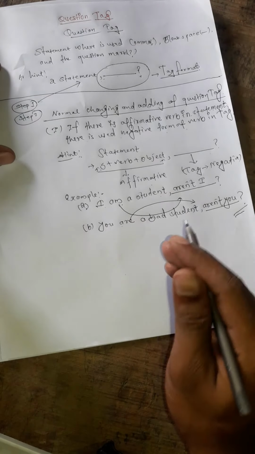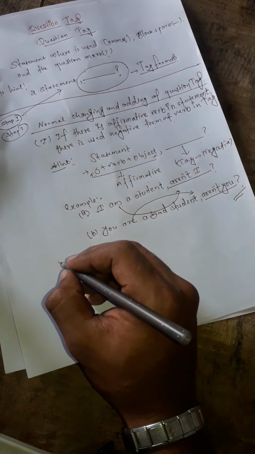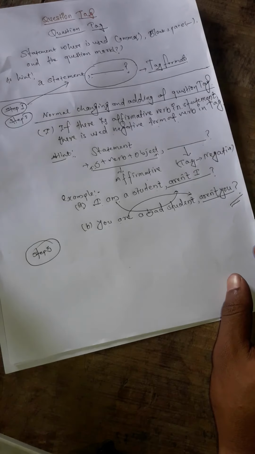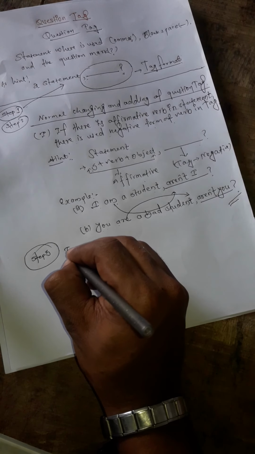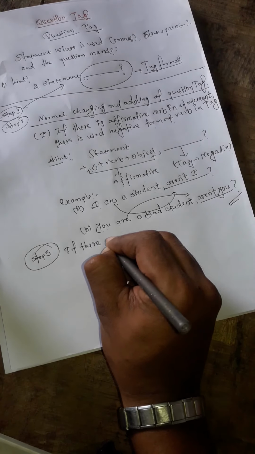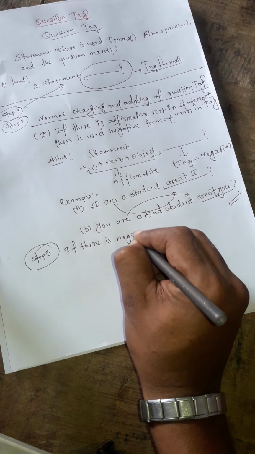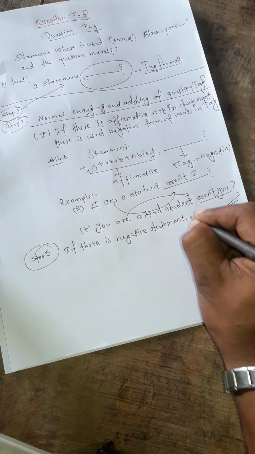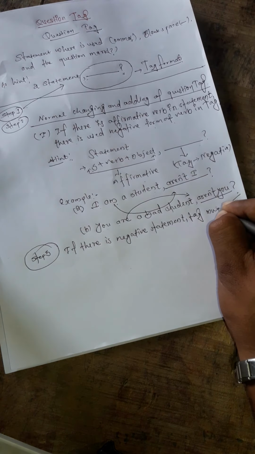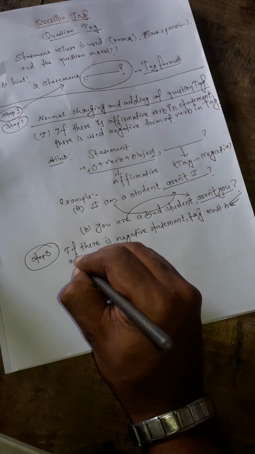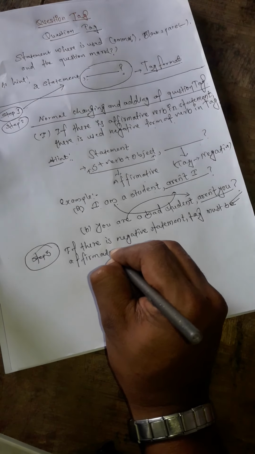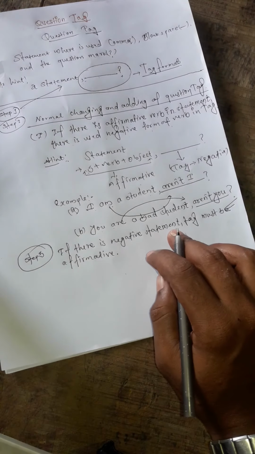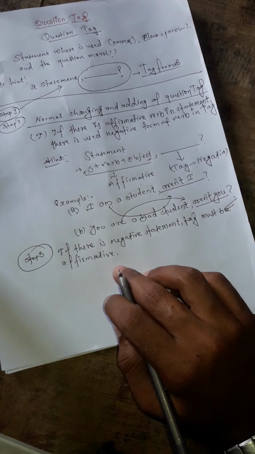Now, I'm going to teach step 3 here. In step 3, if there is a negative statement, tag must be affirmative.